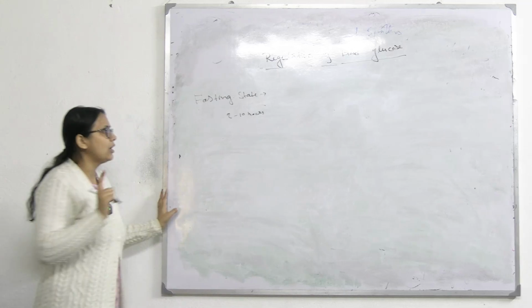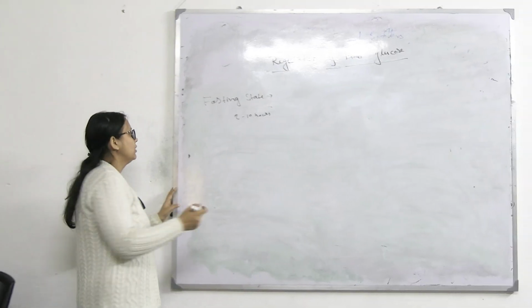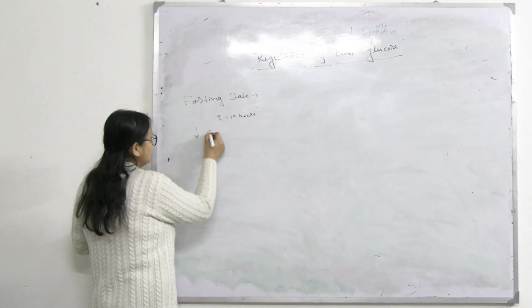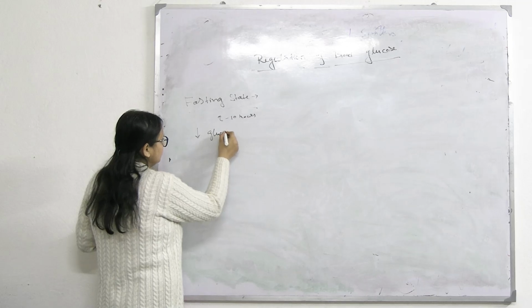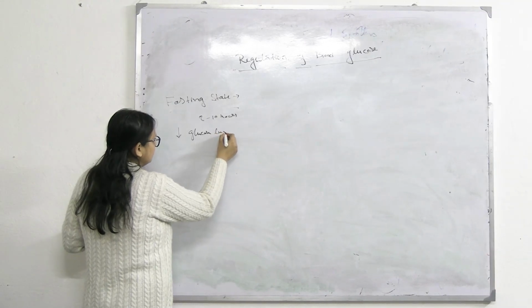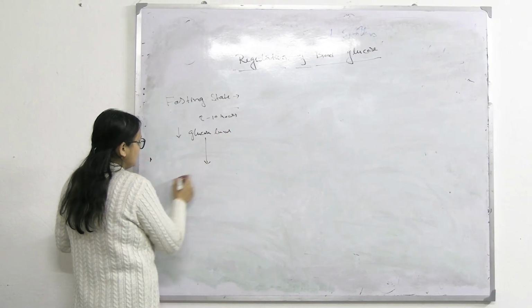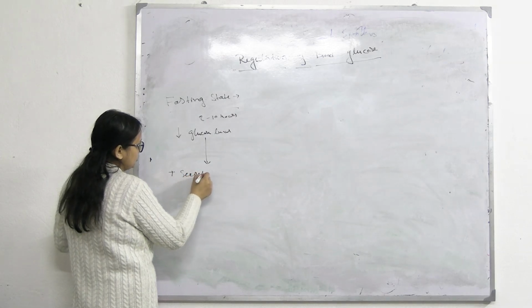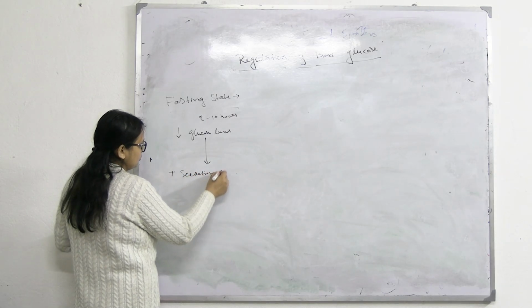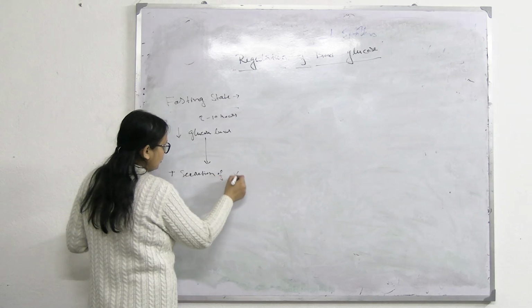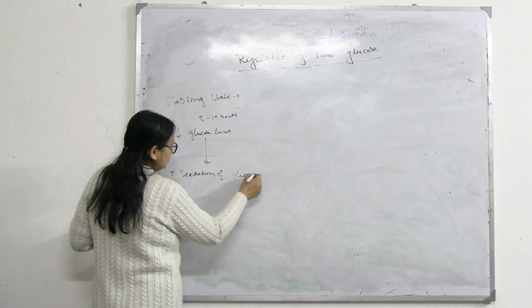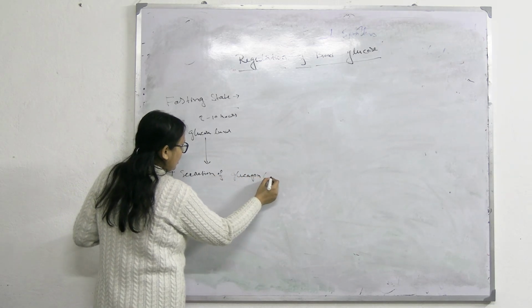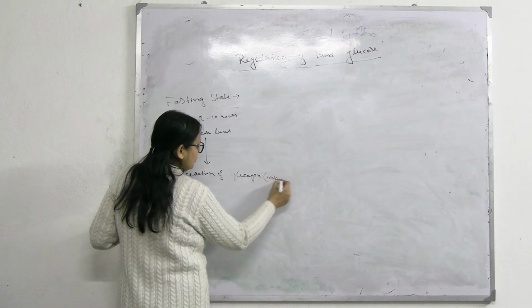The main hyperglycemic hormone is glucagon. So when blood glucose level starts falling, then there is activation or secretion of glucagon mainly, or other hyperglycemic hormone.